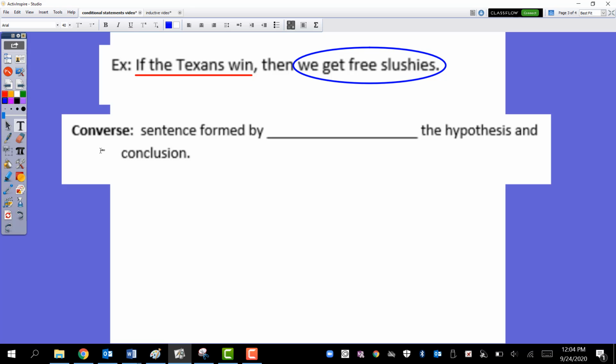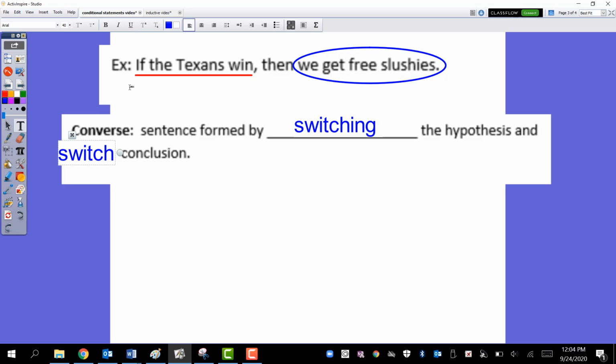Let's look at another. Another way we can change the sentence is by doing the converse, okay? So the converse is formed by switching the hypothesis and the conclusion, okay? So again, there's no real shortcut way to memorize this. This is just switch the order.